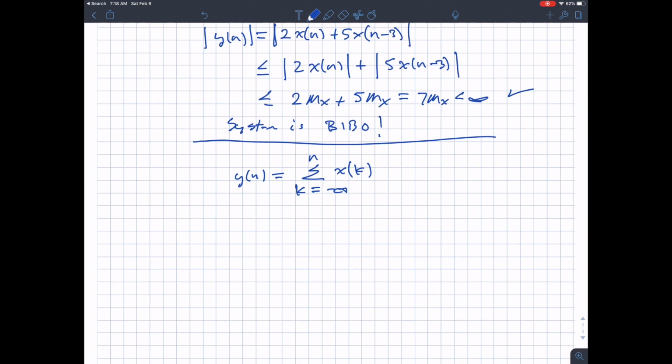This is similar to an integrator that we would have in continuous time, where we're just adding up the signal for all time.